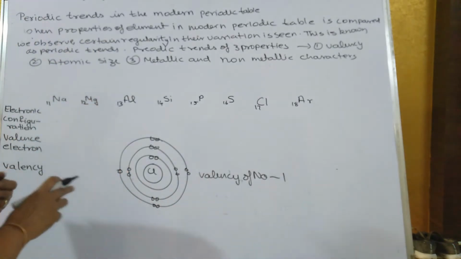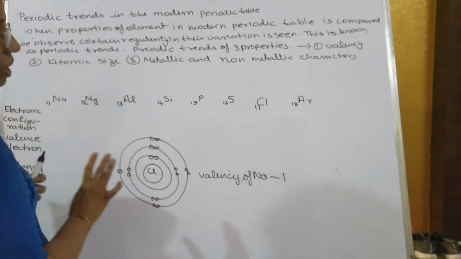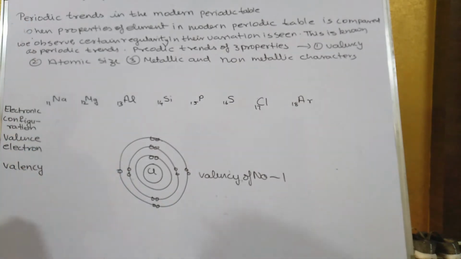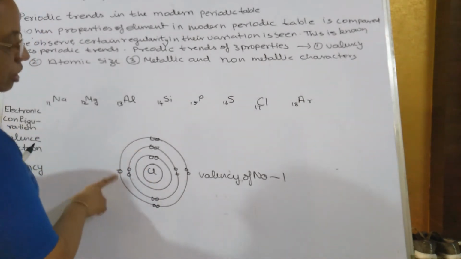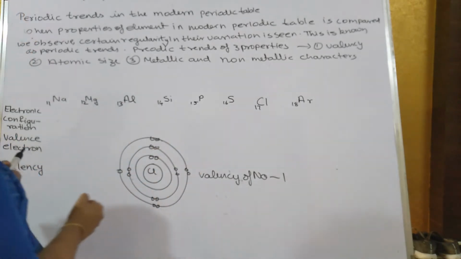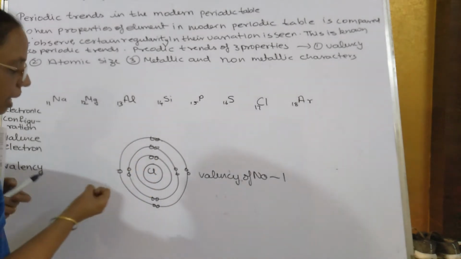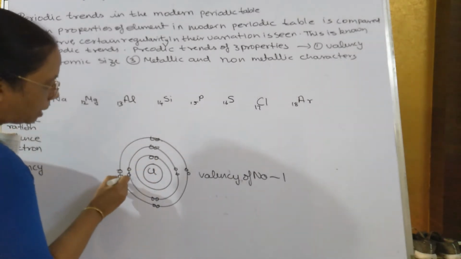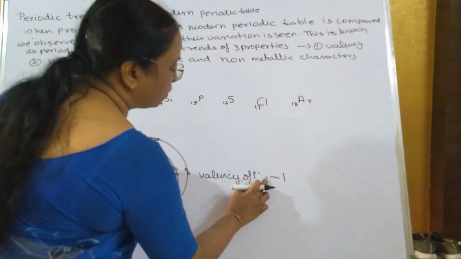Now it needs one more electron to complete the outermost shell, since every atom needs 8 electrons in the outer shell. It is short of 1 electron. So what is easier, to give away 7 electrons or to take 1 electron? It becomes easier to take 1 electron. So chlorine will take 1 electron and become stable, and its valency will also become 1.